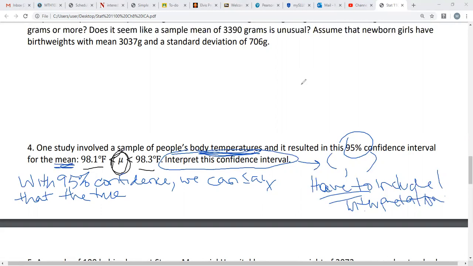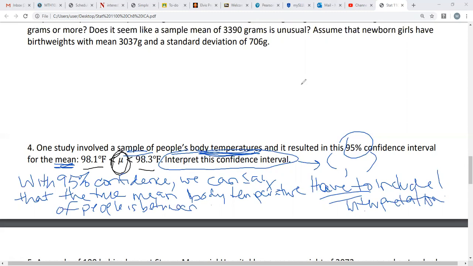So we're going to say that the true mean body temperature of whatever our population is, so of people, is between the values that we have. So between 98.1 degrees Fahrenheit and 98.3 degrees Fahrenheit.